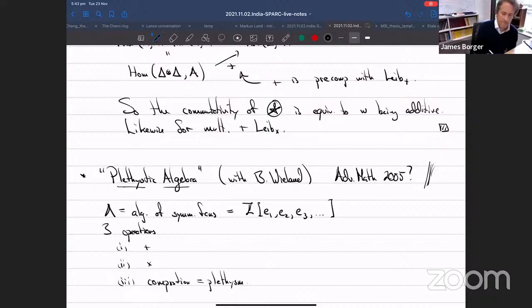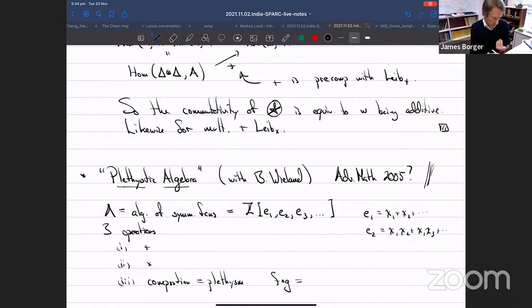So if you have two symmetric functions, you can compose them. You write them in terms of the monomials. Formally, E1 is x1 plus x2 plus dot dot dot. E2 is x1 x2 plus x1 x3 plus dot dot dot, and so on.